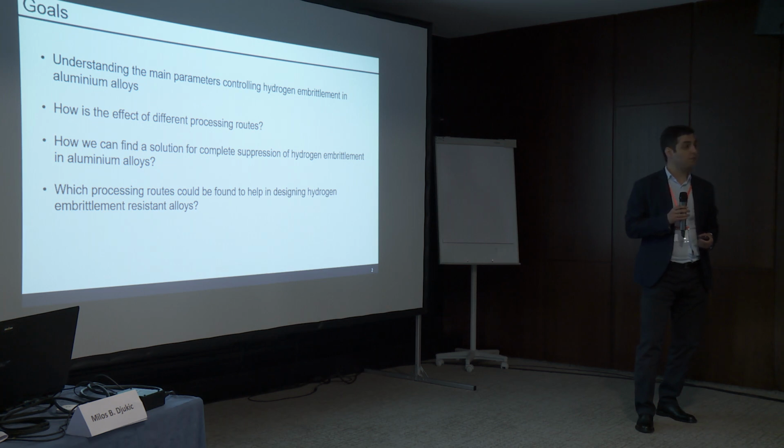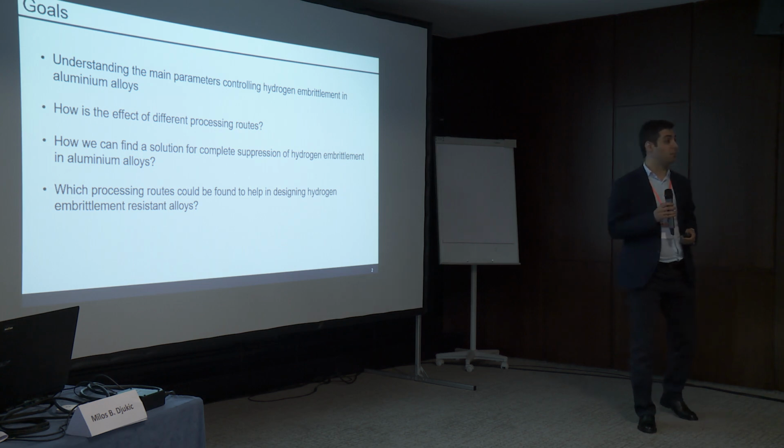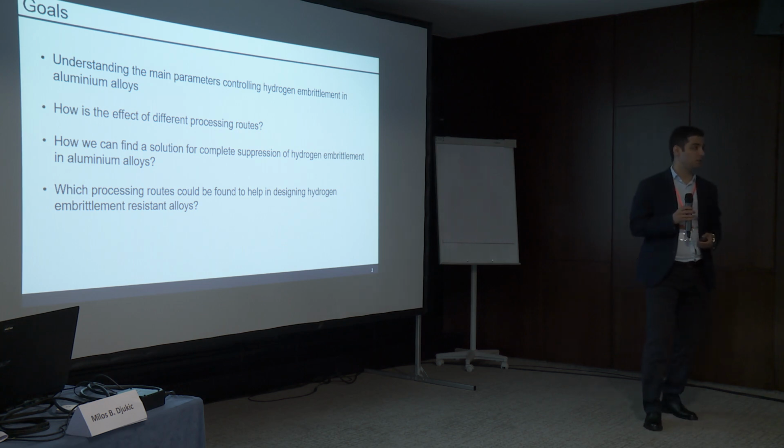There were lots of efforts to battle or control that with different kinds of procedures. But the initial results show us that it is very decisive and very important to change the processing routes. And that was the initiation of this study.